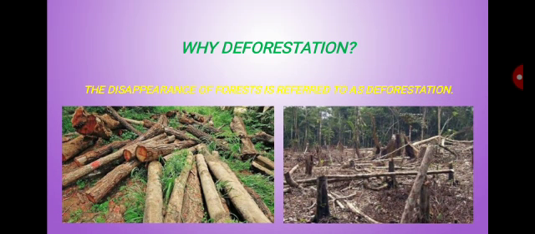Here we can see the picture. Trees are lying down on the ground. Disappearance of forest is referred to as deforestation. It means cutting of the trees, cutting of the forest, clearance of the forest is called deforestation.